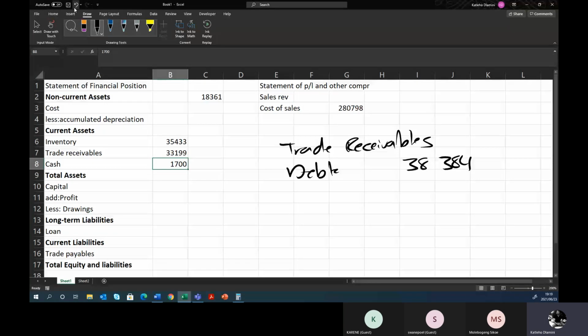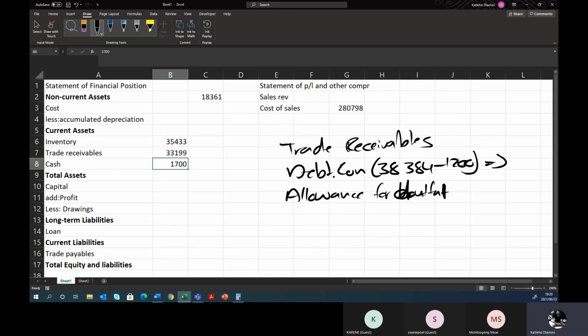So debtors control, 38384 minus the 1.2 of credit losses, and I would have the sum, and then I'd have my allowance for doubtful receivables, and that was sitting at 3985. So the one that you see at the top of the page would look like that. The balance would go straight to receivables. That's if you had to create notes, but I see you guys don't create notes in here.